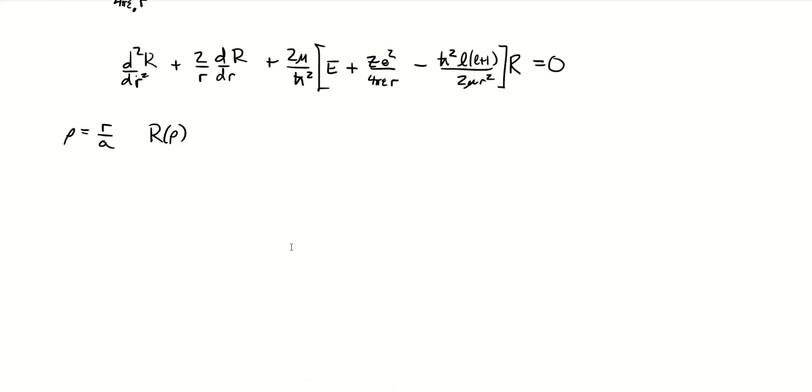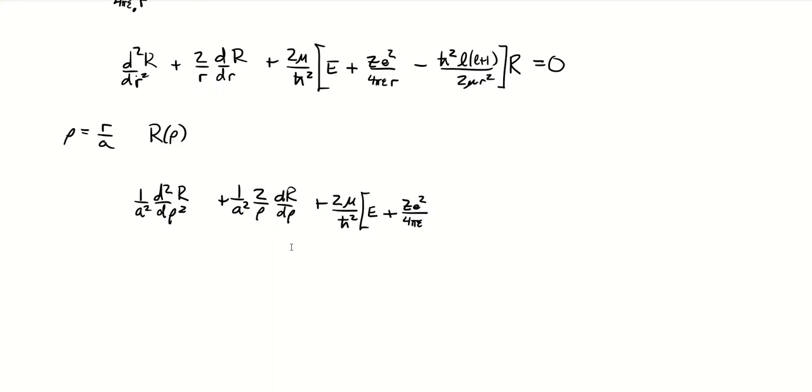And we can again recast this differential equation in terms of 1 over a squared, d²/dρ² plus 2/ρ d/dρ, plus 2μ/ħ² times E plus Ze²/(4πε₀r) minus ħ² l(l+1) over 2μa²ρ², equal to 0.